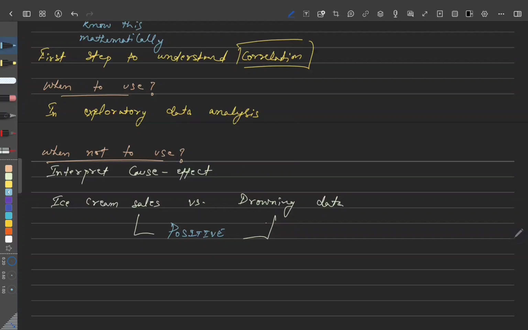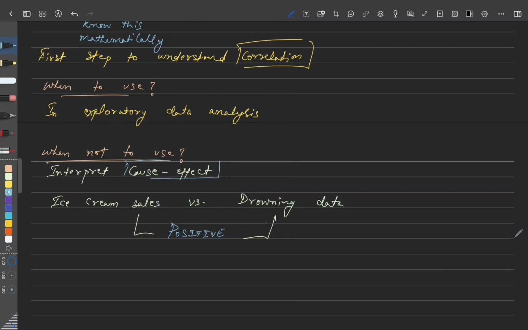Now, most people would conclude that when people are eating more ice cream, people are drowning more. Okay, but that is incorrect. That is what cause effect is.